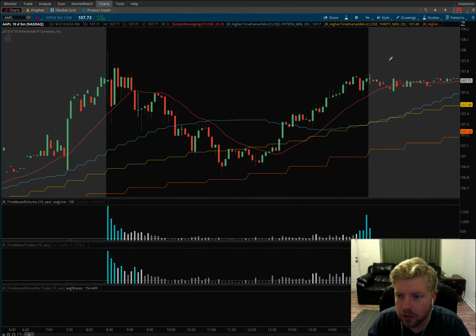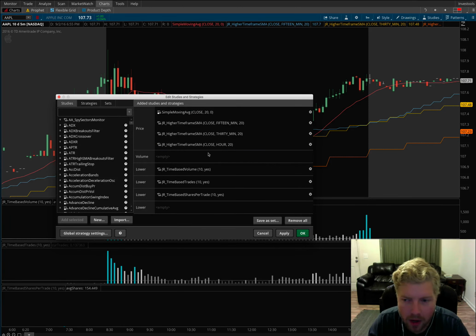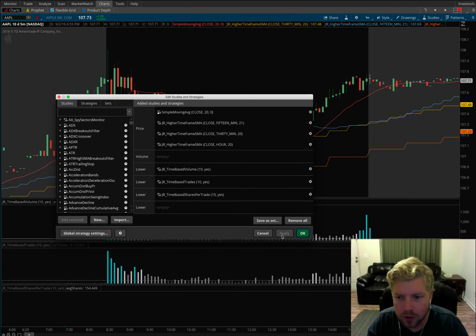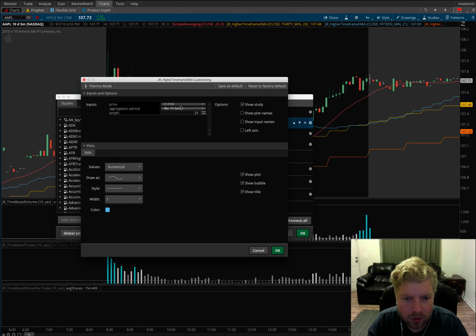And like I said, you can add a daily, a 4-hour, whatever charts you like to monitor, and whatever simple moving averages you like to monitor. This indicator can accomplish that. So if you like the 21, you just change it with a few clicks there, and it's now monitoring the 21 period simple moving average on the 15-minute chart.